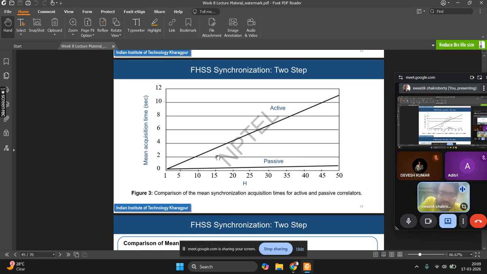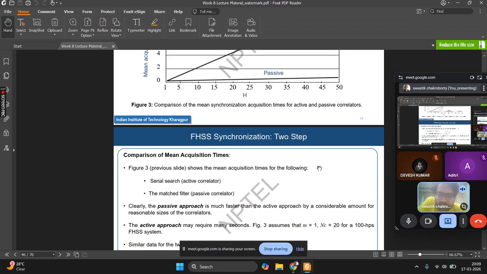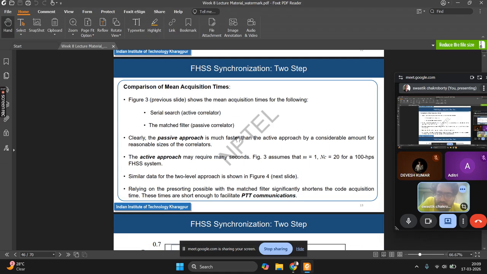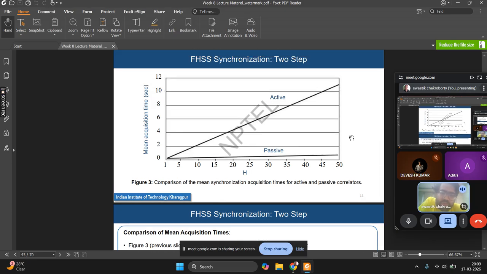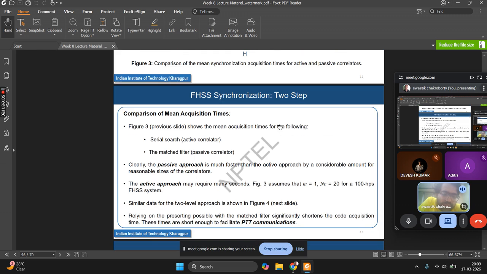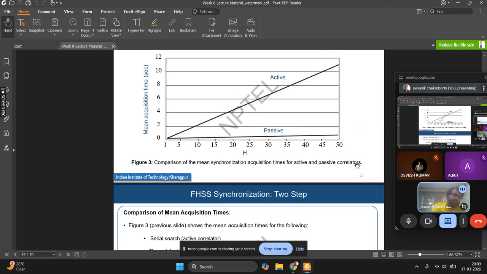Here the active one means the serial correlator, the second one which we have learned, whereas passive means the first one we have learned, the matched filter. It's clear the passive approach is mostly flat with time. No matter how many hops it has to sift through, because it is like a matched filter, it is mostly constant. It does not depend on how many hops you have; if you get a particular match, it will lock.